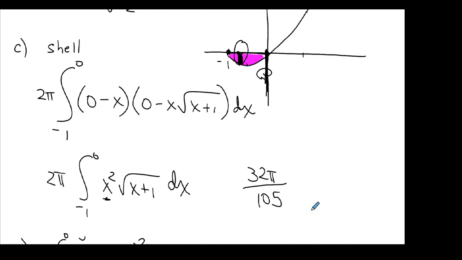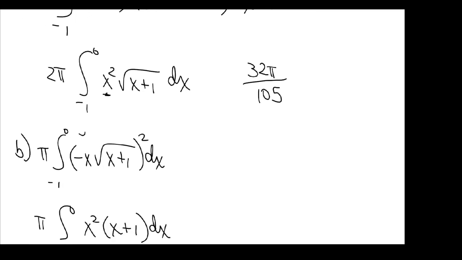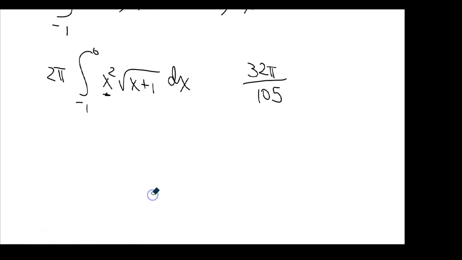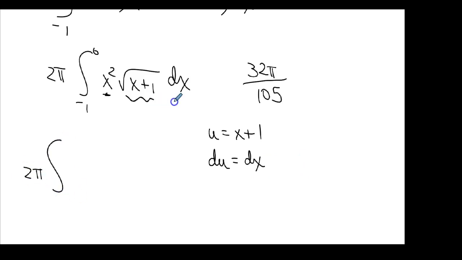Nope. Okay. When you do the U substitution stuff, you have u equals x plus 1, so du is dx. So if I have the 2 pi, and I'm replacing that with u, I can replace this with du.